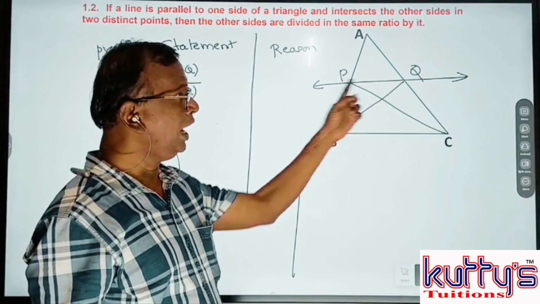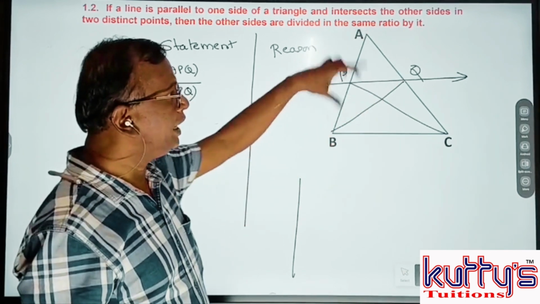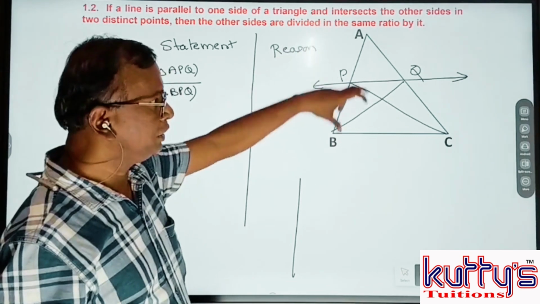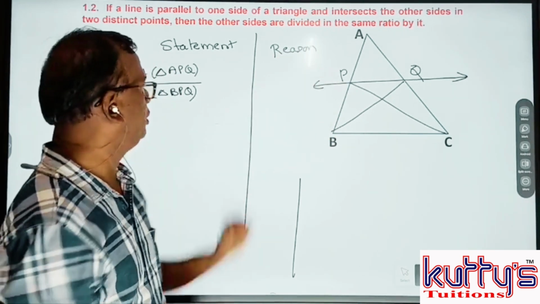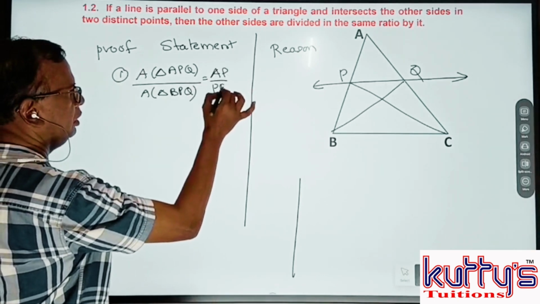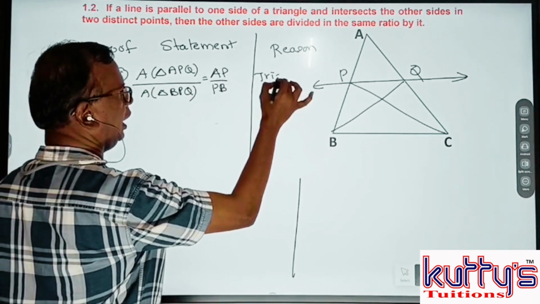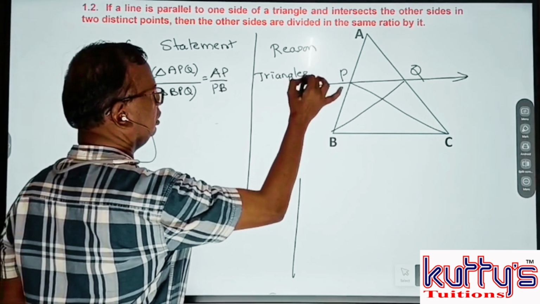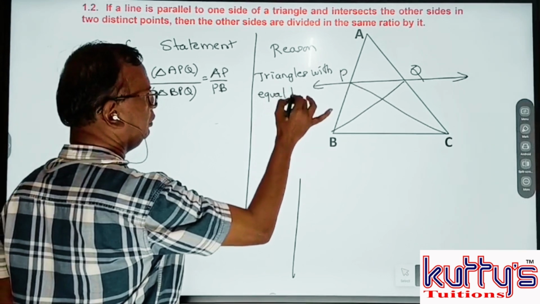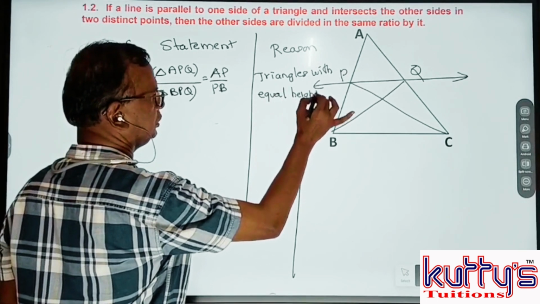Q. So what is same? Height is same. So the area is proportional to the base. What is the base here? For the first triangle AP. For the second triangle, what is the base? PB. So we can write here AP upon PB. Reason: triangles with equal height. Okay. This is the first step.